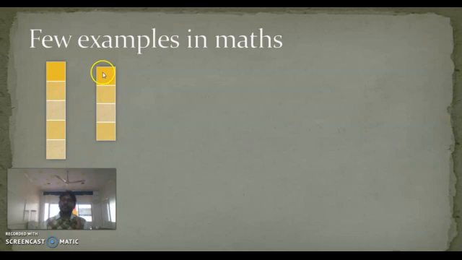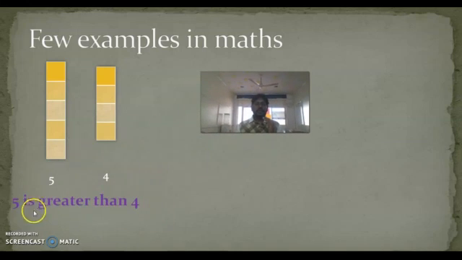Second bar: 1, 2, 3, 4. There are 4. How to represent that? 5 is greater than 4. We use the words greater than in mathematics.